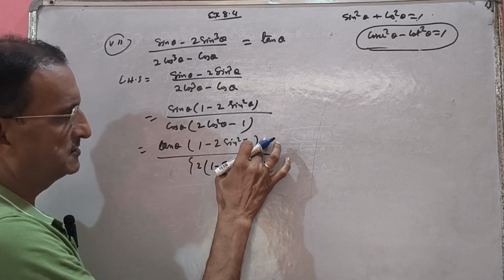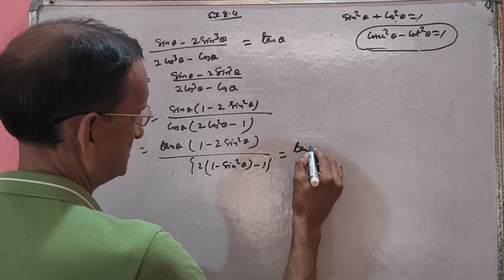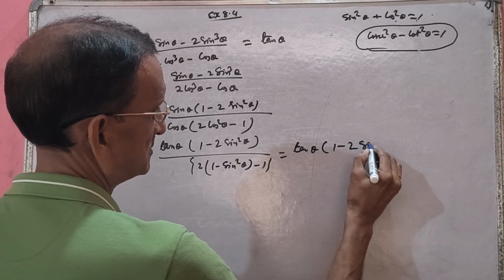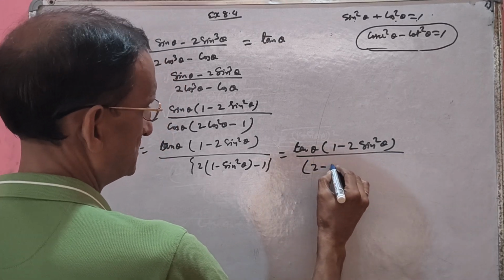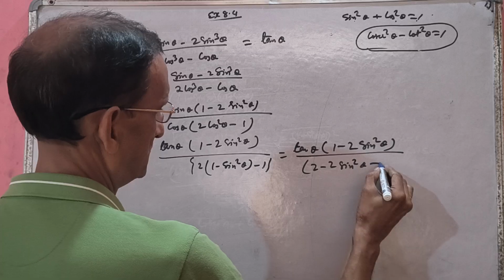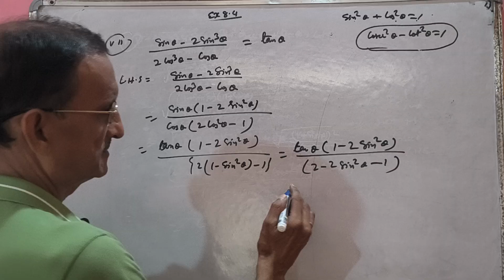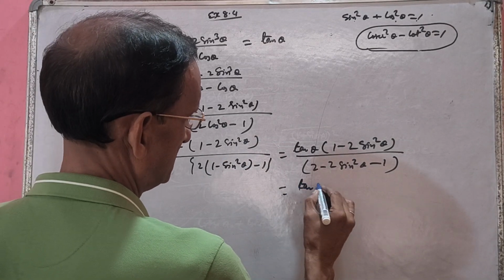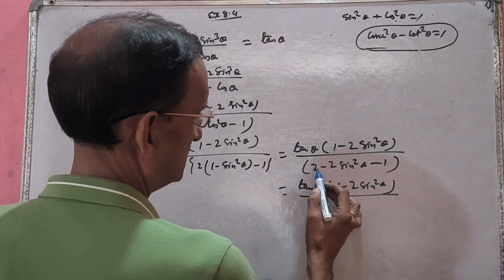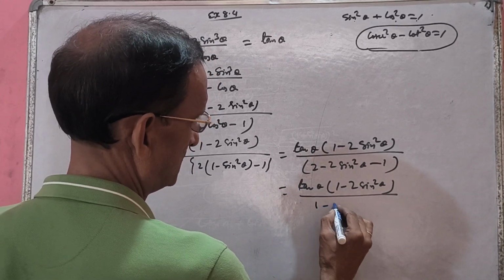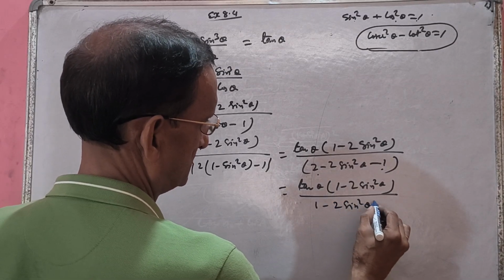Either we simplify the numerator or denominator, not the both. What is here? Tan theta by (1 minus 2 sin square theta) by, remove the bracket, 2 minus 2 sin square theta minus 1. See here. 2 minus 2 sin square theta minus 1. So this is tan theta into (1 minus 2 sin square theta) by (2 minus 1), what we will get? 1 minus 2 sin square theta.